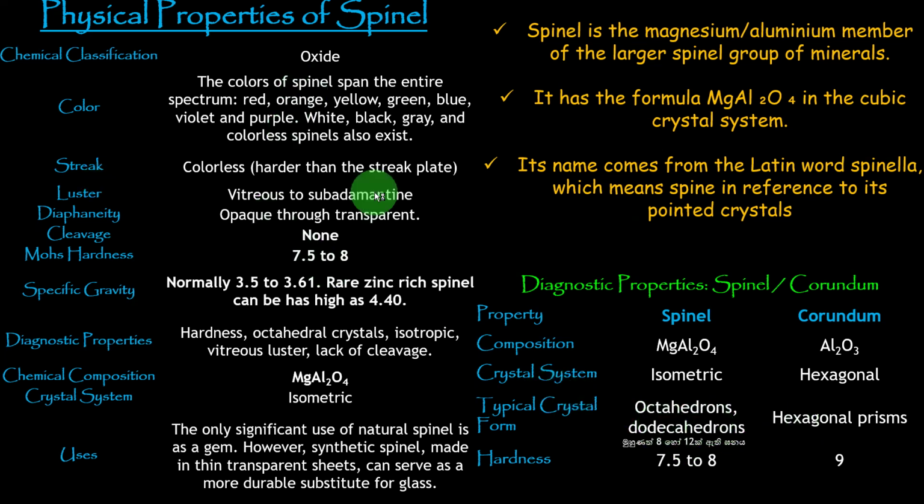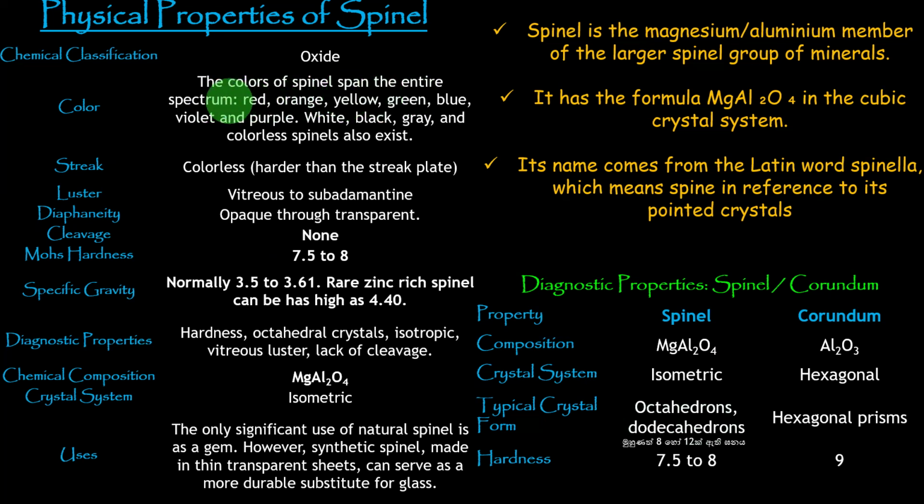Now I am moving to physical properties. Here, the physical properties of spinel are mentioned. Chemical classification is oxide, magnesium aluminum oxide. This is the formula. The colors of spinel span the entire spectrum.